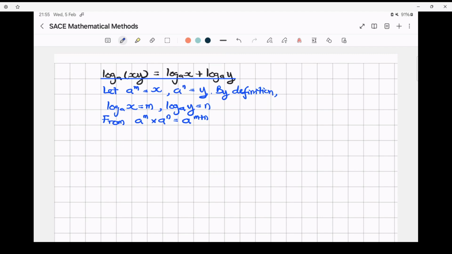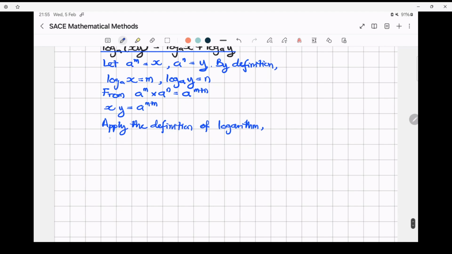So let's continue. From this particular index law, what we can do next is to substitute, for example, a to the power of m is x, and a to the power of n is y. So x multiplied with y equals a to the power of m plus n. Then we can apply the definition of logarithm.